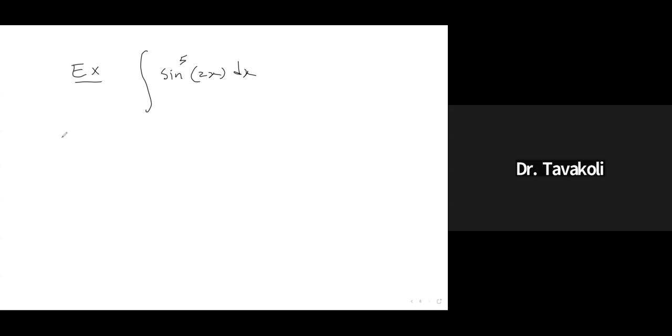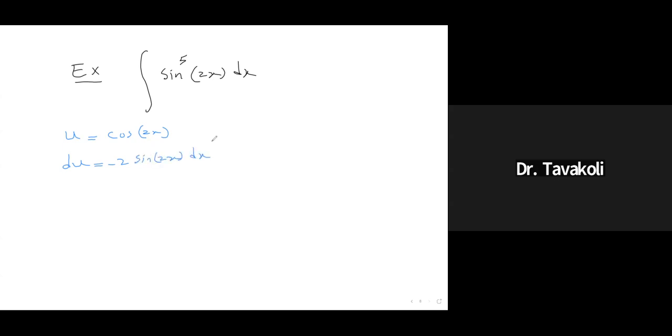So similar to the last example, u is going to be cosine, so it is cosine of 2x. And the derivative of u with respect to x is minus 2 sine of 2x. In other words, du is minus 2 sine of 2x dx.